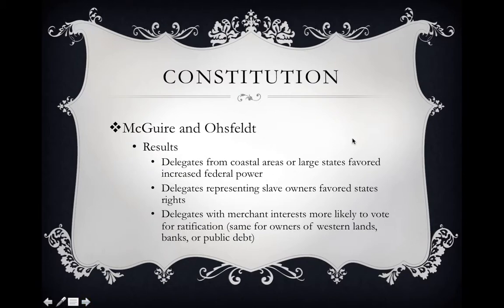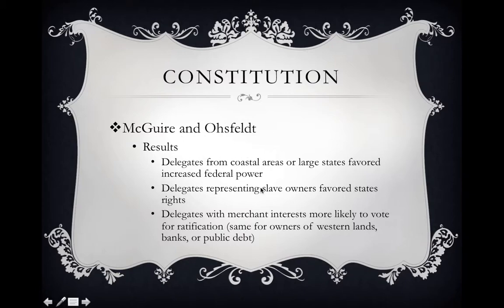All right, so what were their results? If you were from a coastal area or large state, you favored the increased federal power. If you were an individual from a slave-owning state, so if you were a delegate from a state that was reliant on slave labor, you actually favored states' rights. So the slavery issue, even when we talk about the Civil War, they talk about as a states' rights issue.